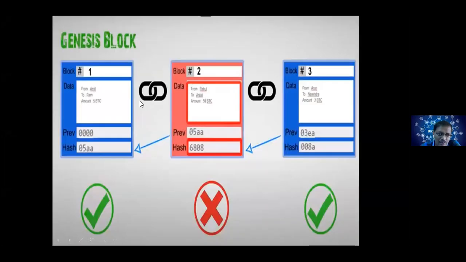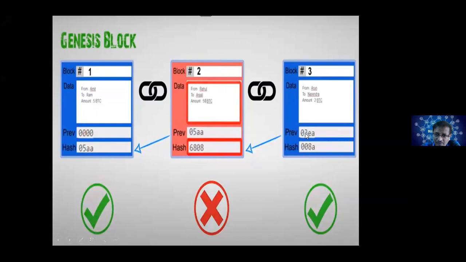You can see the same thing in another diagram. This is the first block, containing a block number, data, maybe the Merkle root hash, and the previous hash 0, and the present hash is this one. Similarly block number 2 has the data and the previous hash, and so on. The third block is the same, and they are linked. You can see this hash is stored in block 2, and this hash is stored in this one. Here you can see it's changed.